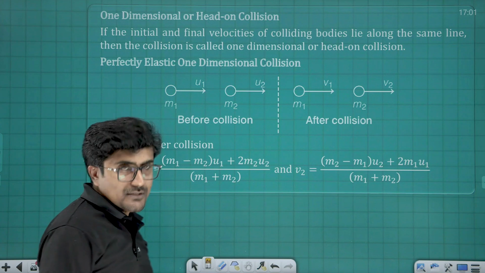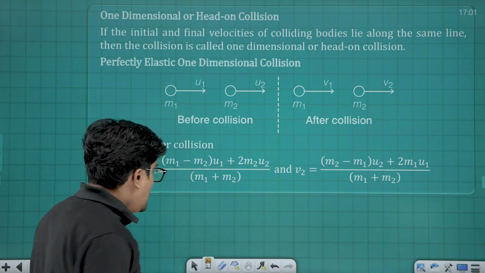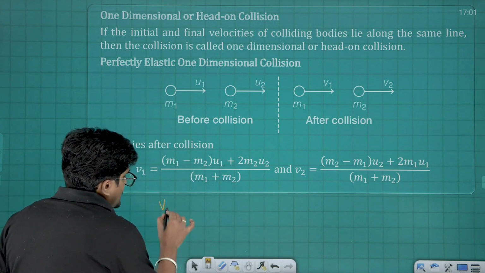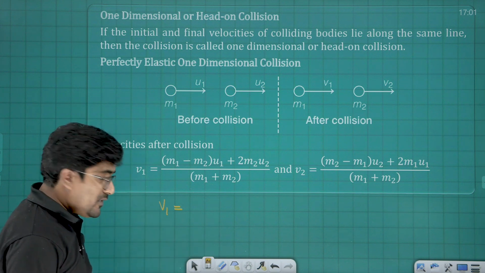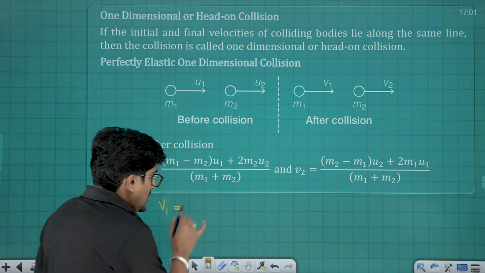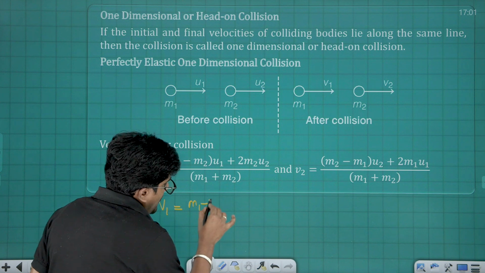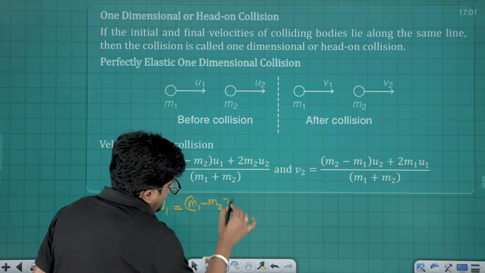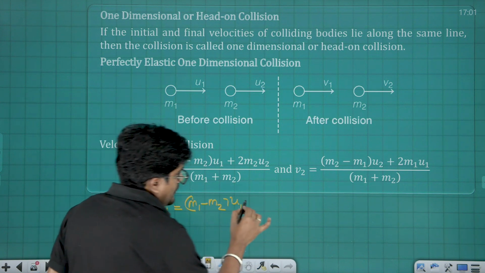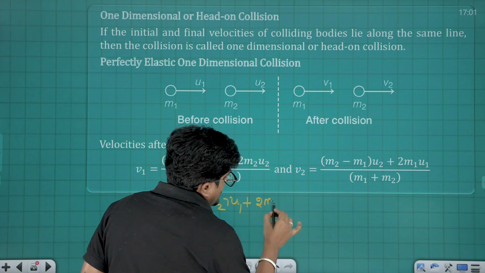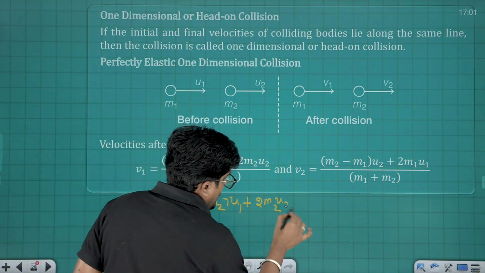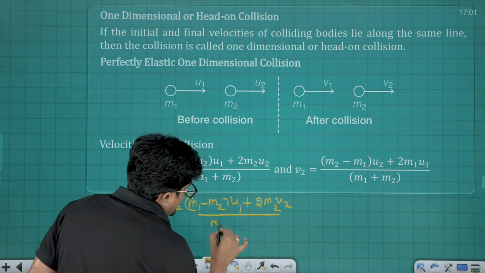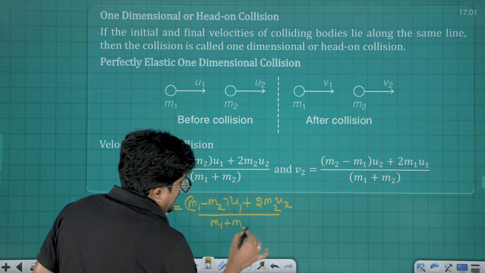So in that condition, after collision, particle 1 is going to have velocity v1 equal to m1 minus m2 into u1 plus 2 times m2 u2, all divided by m1 plus m2.